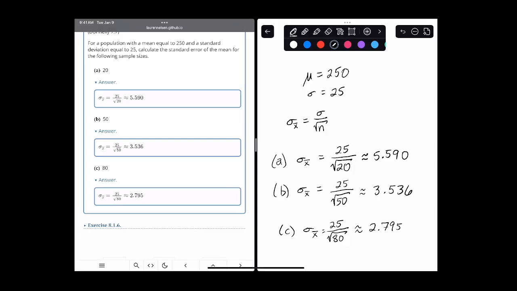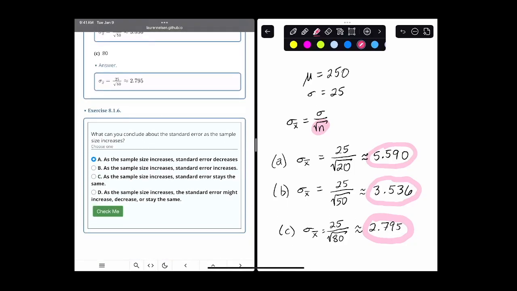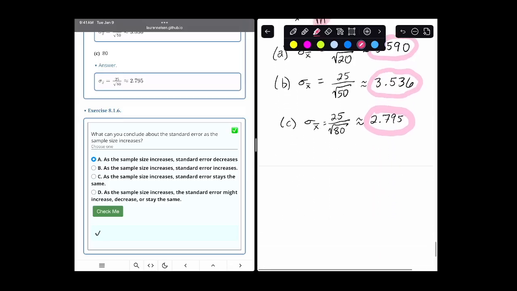And so as our n gets bigger, these standard errors are getting smaller. Since n is in the denominator, that will make the overall fraction smaller. So as our sample size increases, the standard error should decrease. So we should be closing in on the mean as our sample size gets bigger.